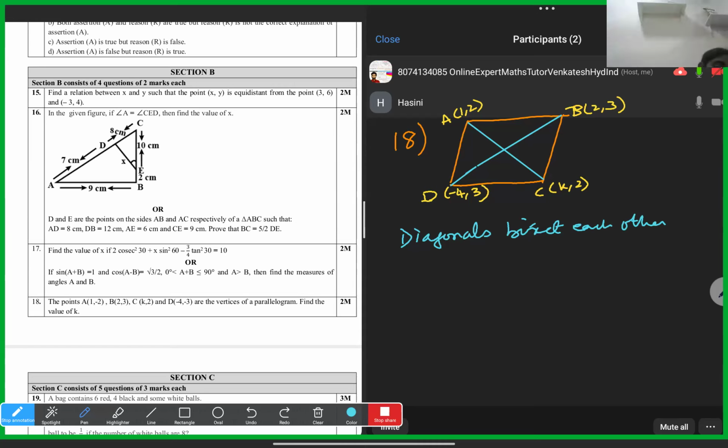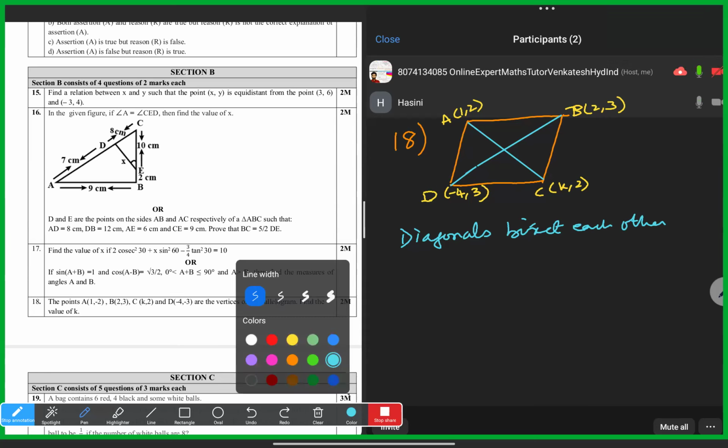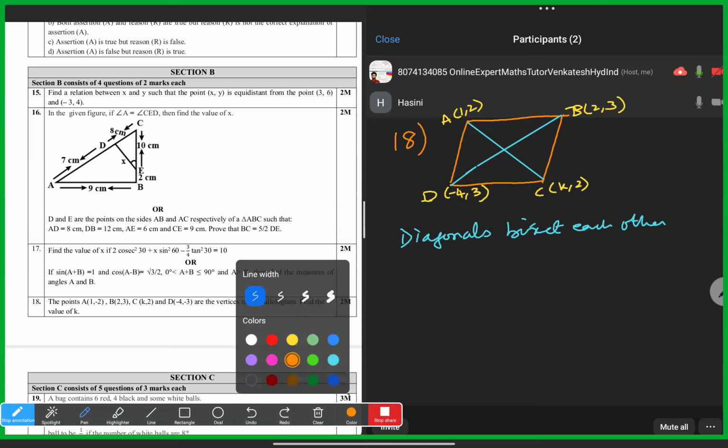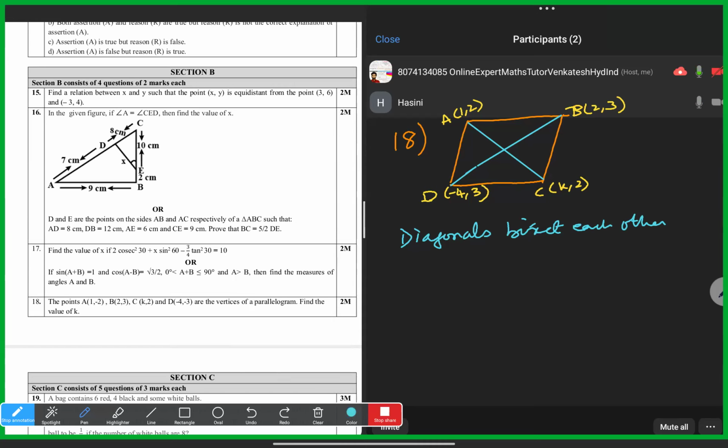So this point is common for all of them. The meaning of that is the midpoint of the first diagonal AC is the same as the midpoint of the second diagonal BD. Diagonals bisect each other in a parallelogram.